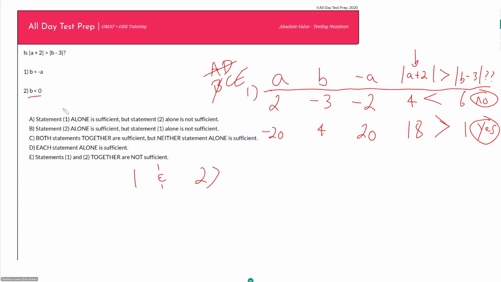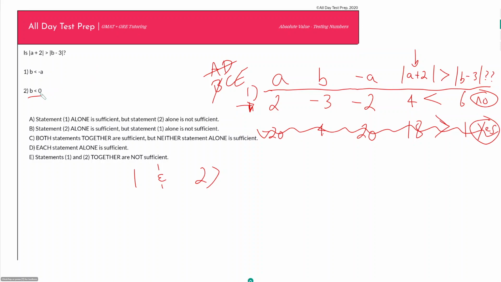If we combine that with our second statement, now we just need to make sure b is less than 0. And so it looks like our first choice here fits that. Our second choice here does not. 4 is not less than 0. Therefore, we cannot reuse this, but we can reuse this first option. So when we're looking at them together, we are starting with a no.